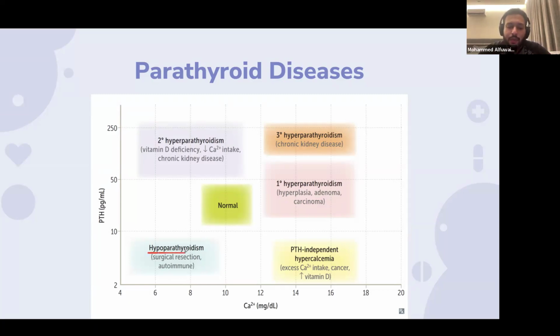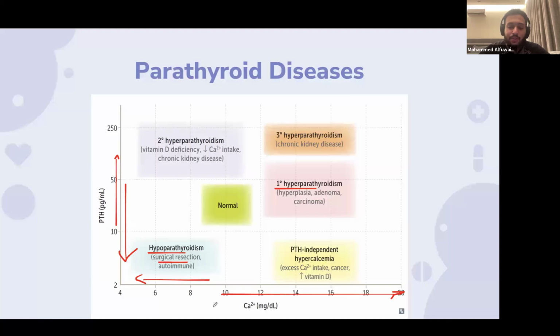In the case of hypoparathyroidism, most likely due to surgical resection, the most common cause of hypoparathyroidism, the PTH will go down. Because the parathyroid goes down, calcium will go down with it because you won't have the function of the parathyroid. For primary hyperparathyroidism, PTH will be secreted and calcium then will go up because of this.